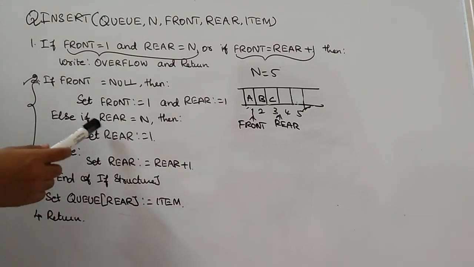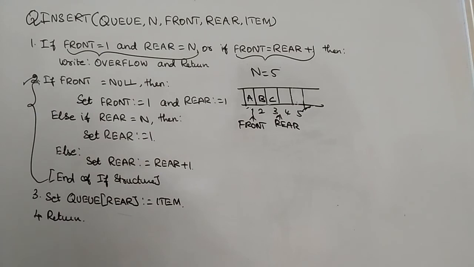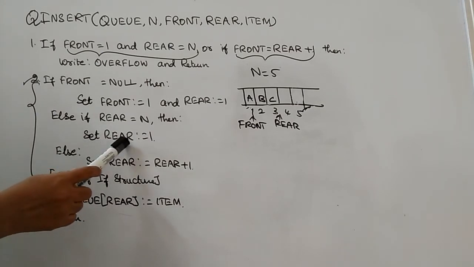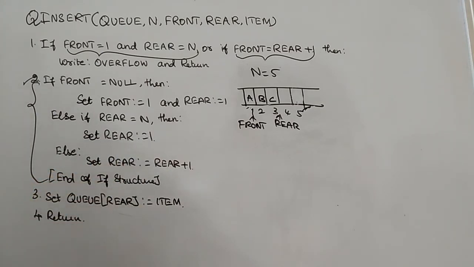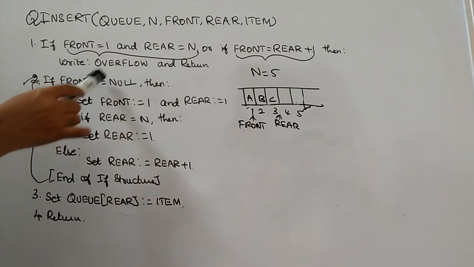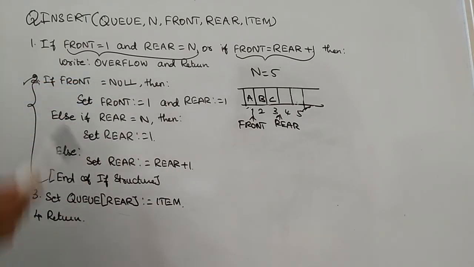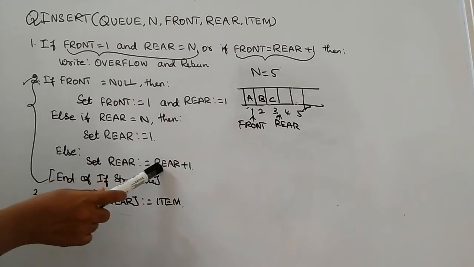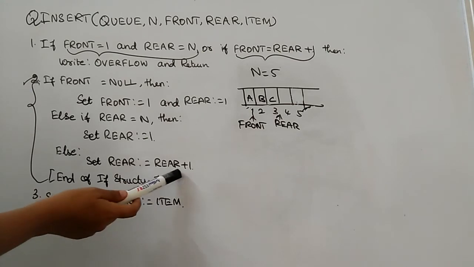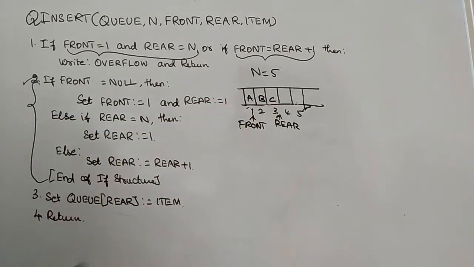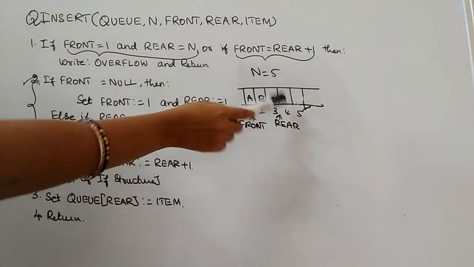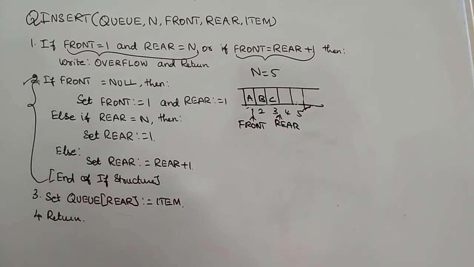Else if rear is equal to n, by that time we are setting rear := 1. If both these conditions fail, automatically your program control comes to this line where you increment your rear end and insert an element into the location.